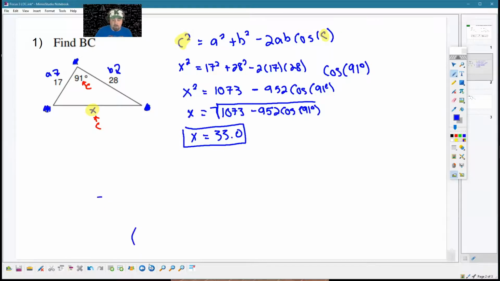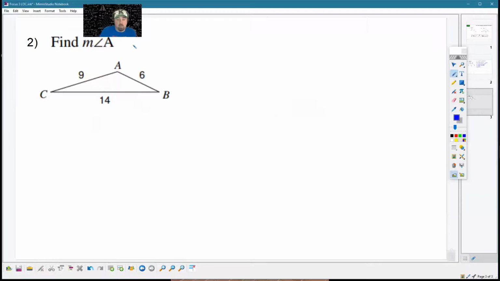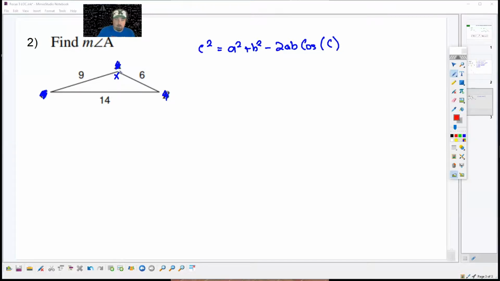All right, second one. We want to find angle A. So angle A is our x. So let's put an x right here. Now, remember, cross out their labels, because our formula is c squared equals a squared plus b squared minus 2ab cosine of C. We want this angle in here.